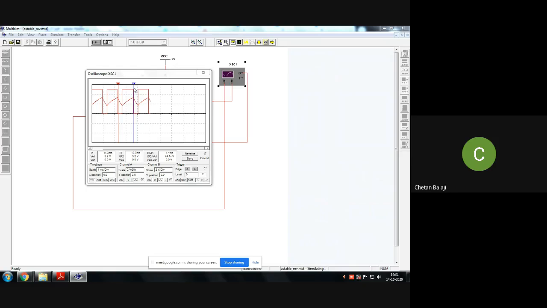T on is 978 microseconds, which is about 0.9 millisecond. I will write the measurements later. And this is your T off, which is 0.3. In the book, write T on equals 0.9 millisecond and T off equals 0.3 millisecond.